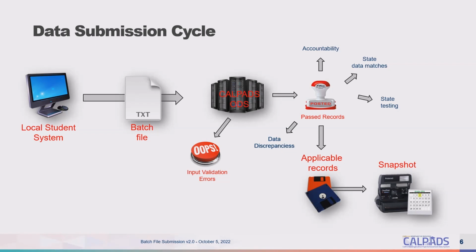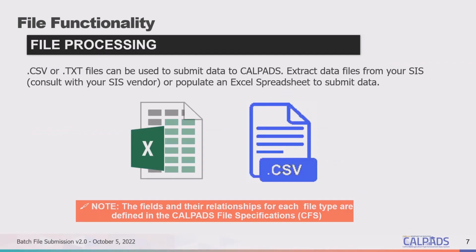In other trainings, we talk about a third set of validation errors called certification errors, and those will be ran on applicable records. Those applicable records in the snapshot are used to generate reports. .csv files, those that are comma separated or caret separated, and text files can be used to submit data to CALPADS.